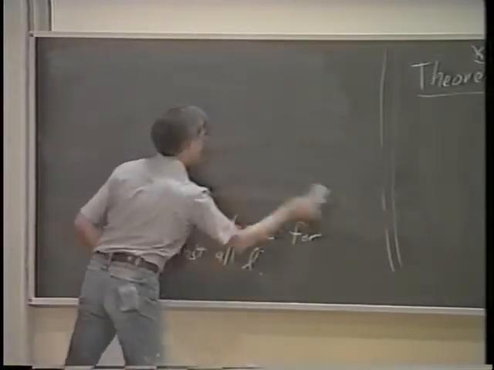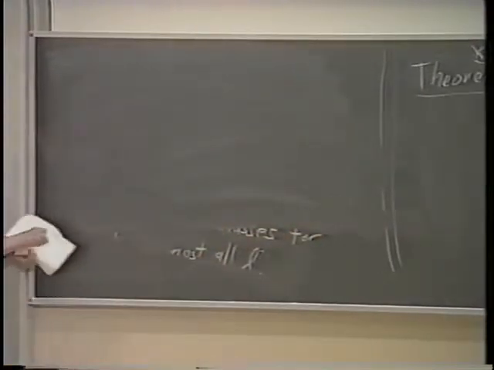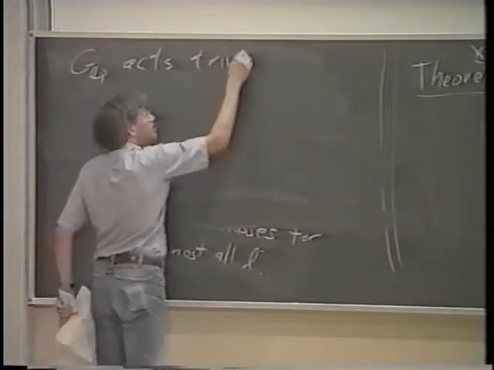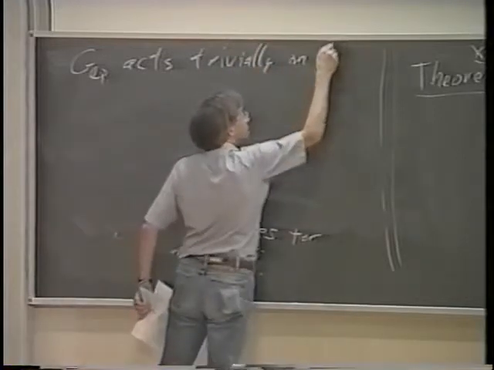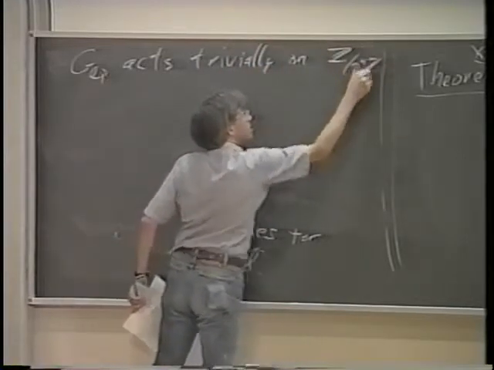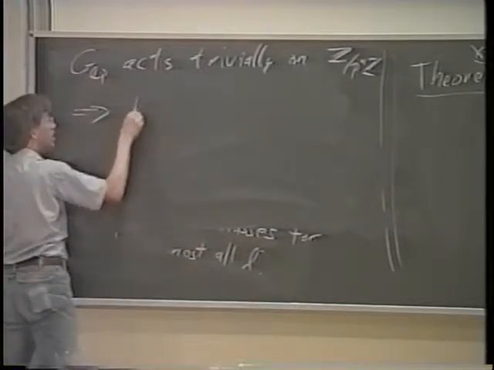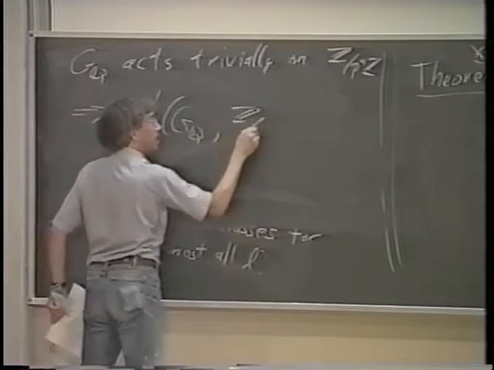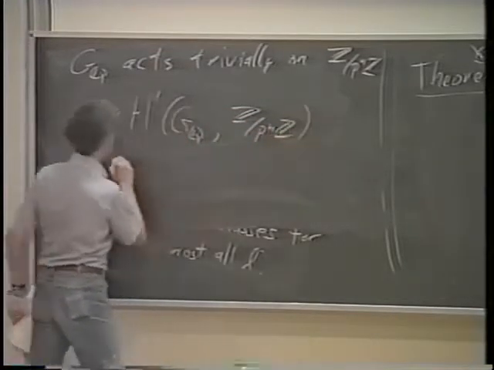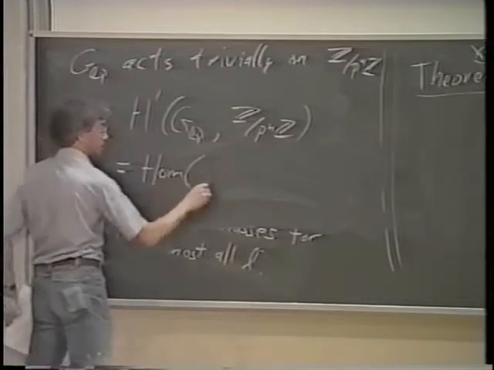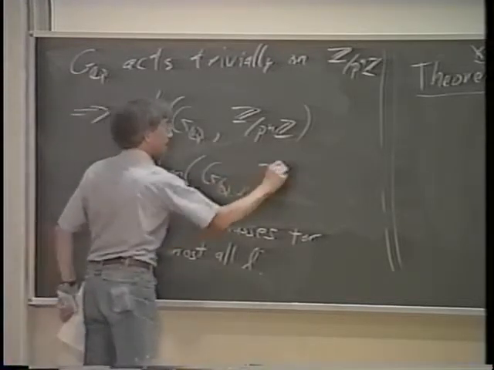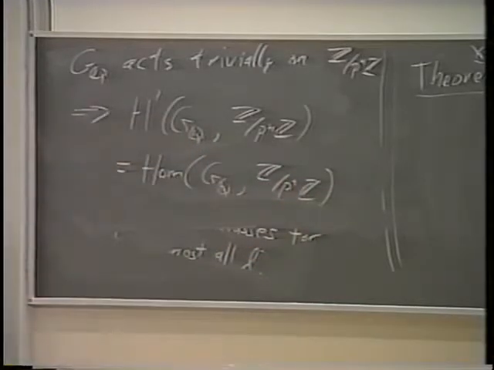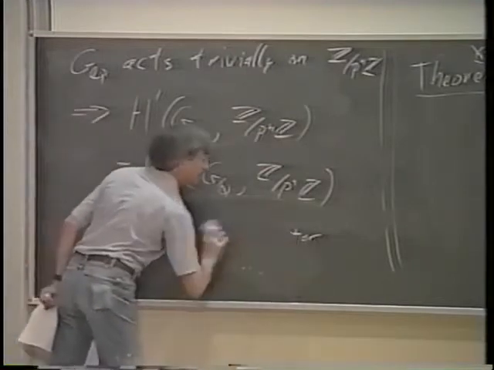So G_Q acts trivially on Z mod p to the n Z. So that implies H1 of G_Q, Z mod p to the n Z is just homomorphisms, continuous homomorphisms to be technical, into Z mod p to the n Z. That essentially classifies cyclic extensions of degree dividing p to the n.